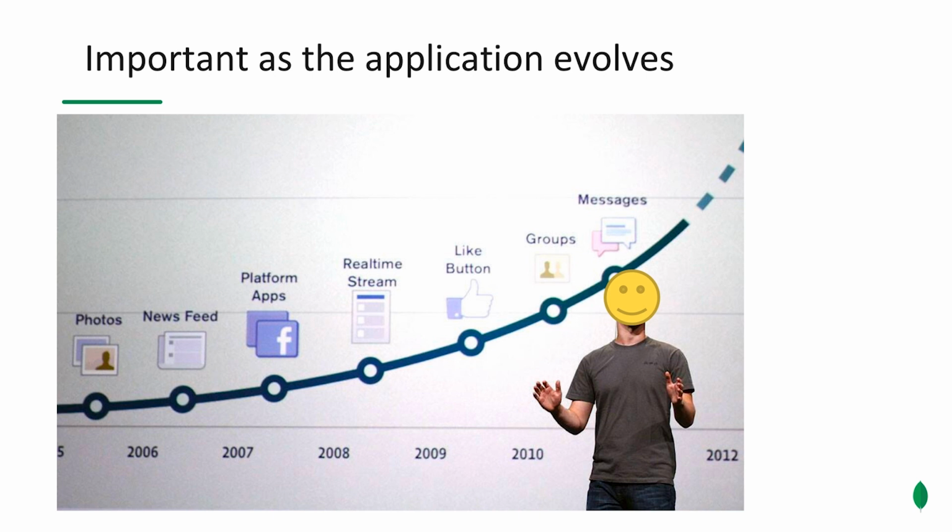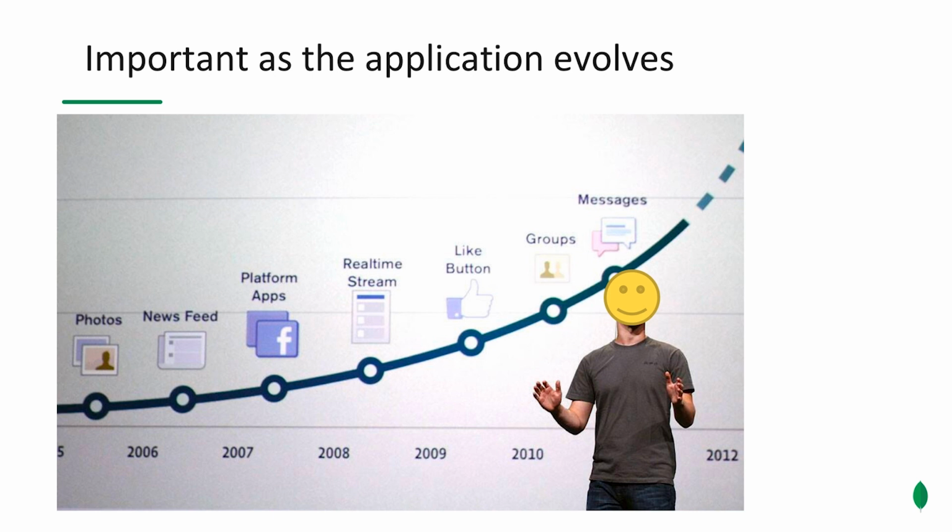The reason why giving such power to users is important is that in the modern world, applications are not static. They are evolving over time, and very quickly. Facebook, for example, started with having just a directory for Harvard students in 2005.